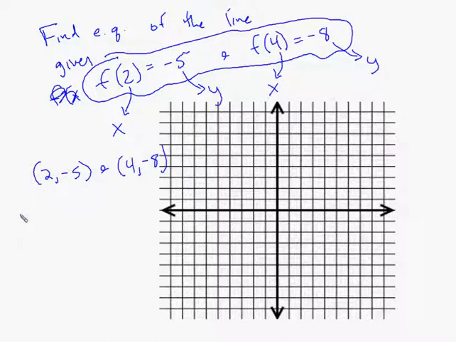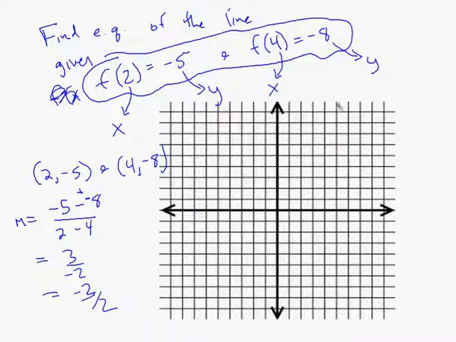So now we need to calculate the slope. m equals -5 minus -8, all over 2 minus 4. So that's going to be a plus right there. So we get 3 over -2, so -3/2. So the equation of the line is y plus 5 equals -3/2 times (x minus 2).